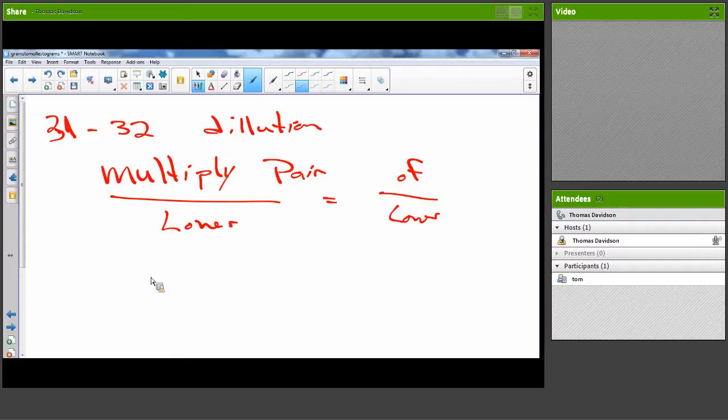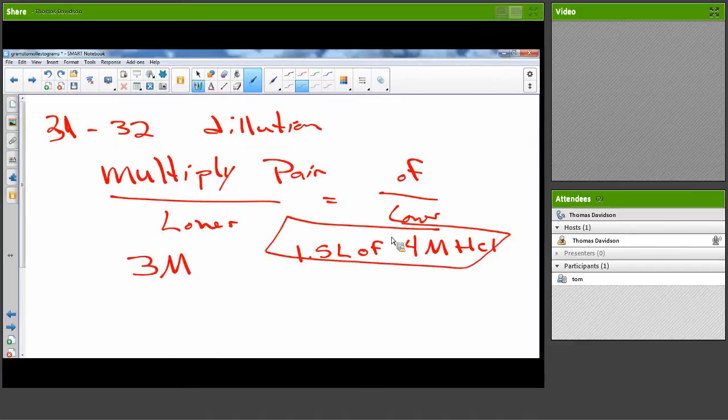So for instance, it says how many milliliters of a concentrated, I'm going to change the numbers, 3 molar acid need to be diluted to make 1.5 liters of 4 molar HCl. So these are the two numbers connected by of, so you just multiply, you end up with 6, and then you divide it by the number that's alone, so that's 3, so your answer would be 2.